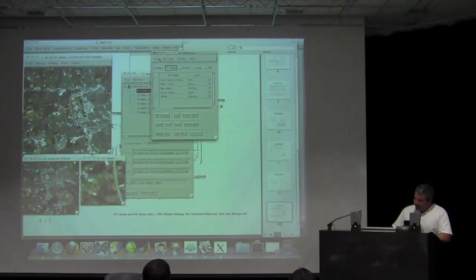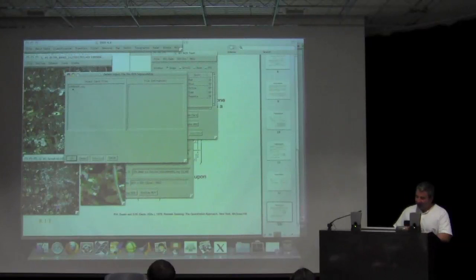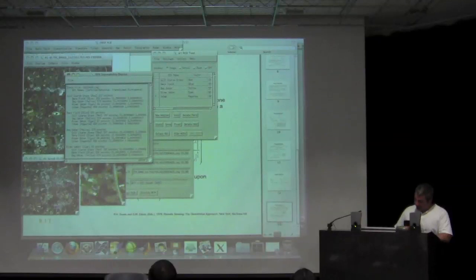Under options, compute ROI separability. You do that, it asks you which image to get the stats from, which we have open. You choose all, in this case, 6 bands, because the thermal band's not in there. And select the input regions, so let's use all of them. Go ahead and let that compute.